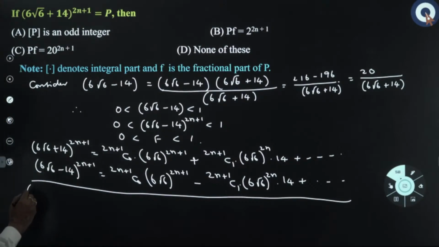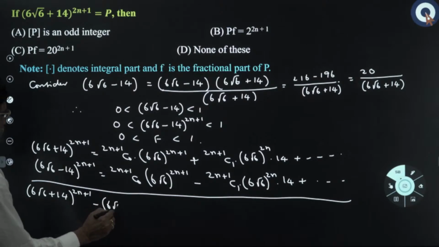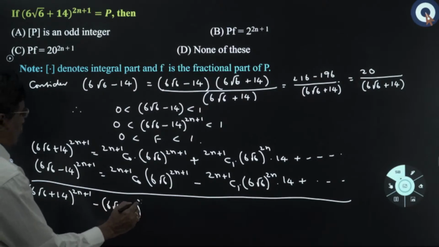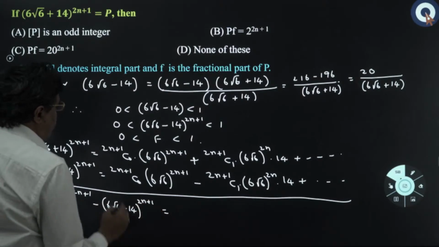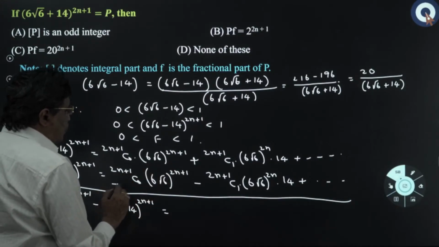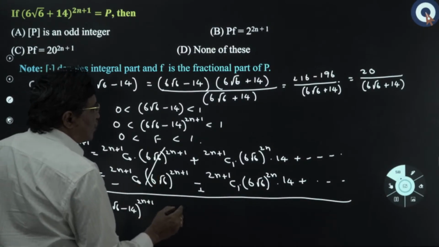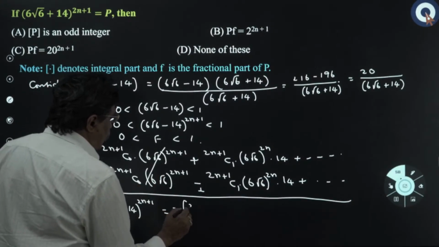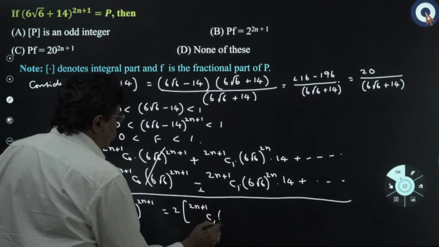If I do that, (6√6 + 14)^(2n+1) minus (6√6 - 14)^(2n+1), the terms with odd powers of root 6 will get cancelled, so you get 2 times (2n+1)C_1 times 6 and so on.